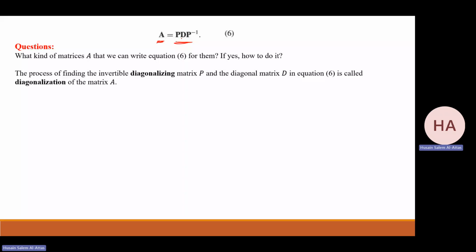And so I can write A as P times D times P inverse. It's the same P.